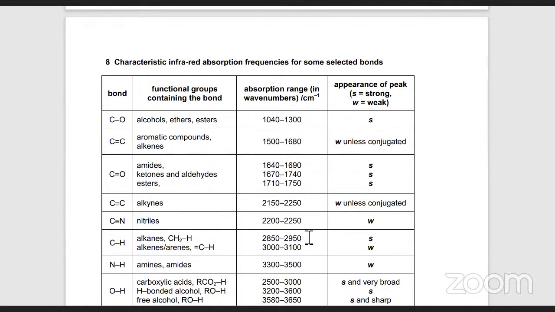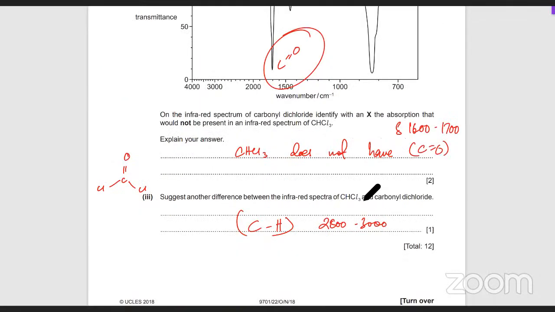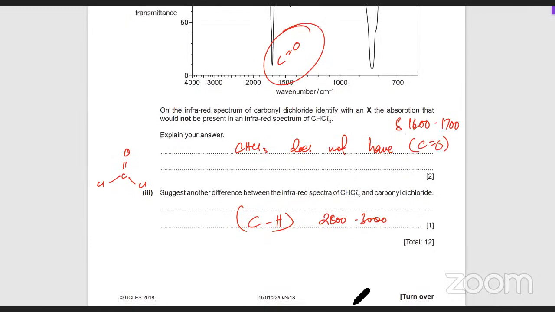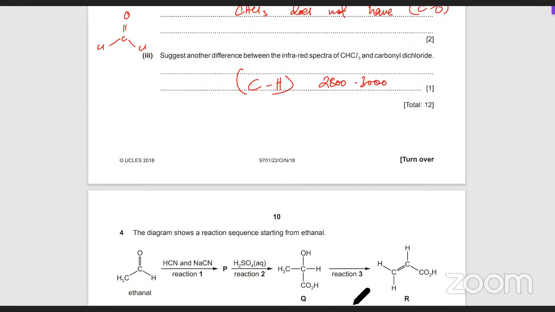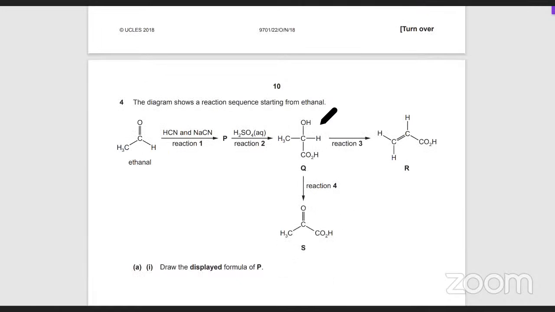But 2950, we're talking about an alkane over here. तो ये range लिखते हैं, ठीक है. You're going to see an absorption for CHCl3. Is this clear? Clear है? बाकी वो Yes, कह रहा है sir.